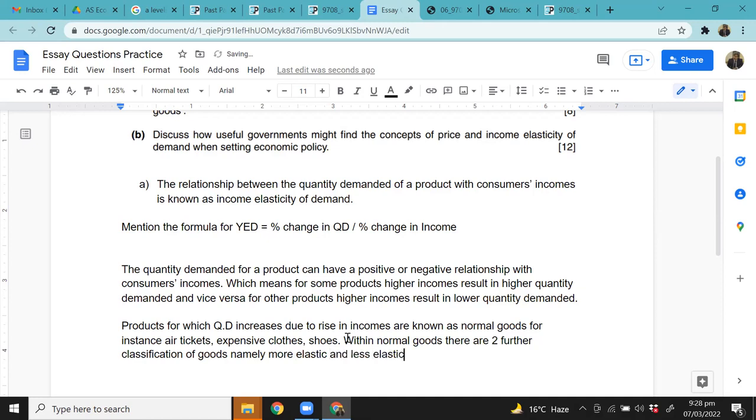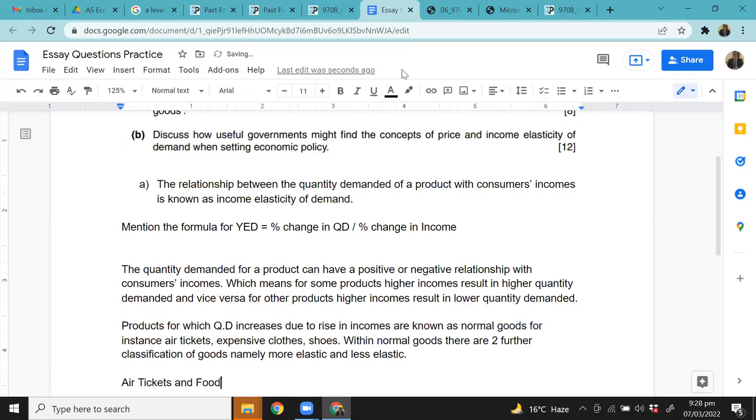Now let's think about some examples. If you think of food versus air tickets, will both of these be normal goods? I'm asking you an example, right? So if you compare these two products, air tickets and food.